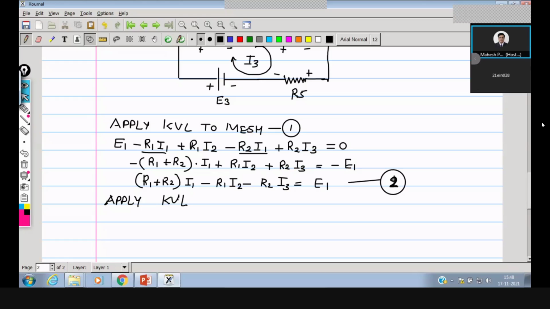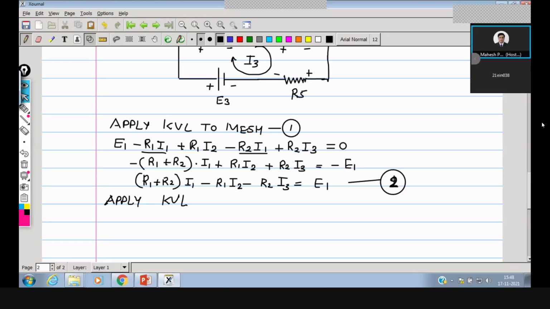So in general form, I am just giving you an idea how to write the different equations. But in examination, if a numerical is given where the values of R1, R2, R3 and R5 are given, then you have to write the values instead of R1 and R2. And then you have to find the three different unknowns using Kirchhoff's voltage law.